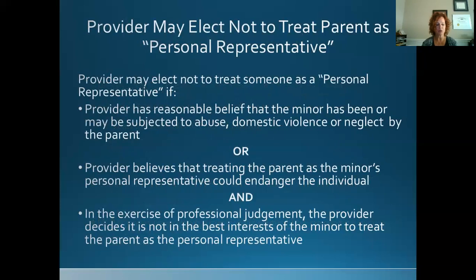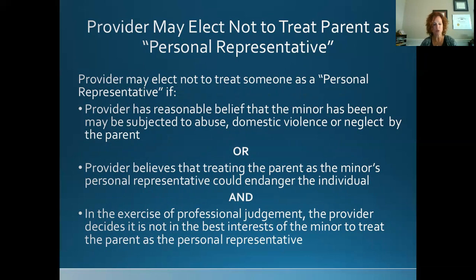A covered entity may also choose not to treat a parent or guardian as a personal representative of a minor if the provider has a reasonable belief that that minor has been or may be subjected to abuse, violence, or neglect by the parent, or the provider believes that treating the parent as the minor's personal representative could endanger the person, and in exercising their professional judgment, the provider decides it's not in the best interests of the minor to treat the parent as the personal representative.